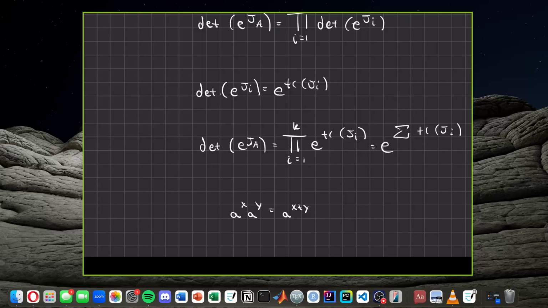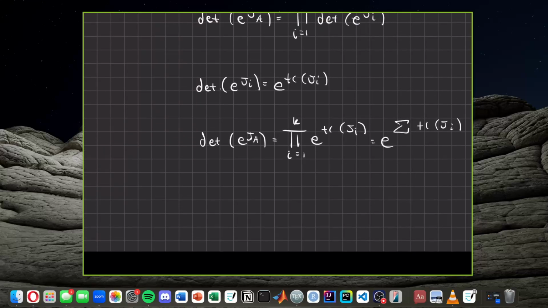So the product of the exponents is just the sum of the exponents with regards to one basis, A. Now, since the trace of J sub A is just the sum of the traces of its blocks, we can write that the trace of J sub A is the sum of the trace of J sub i. And that's the result that we've used up there.